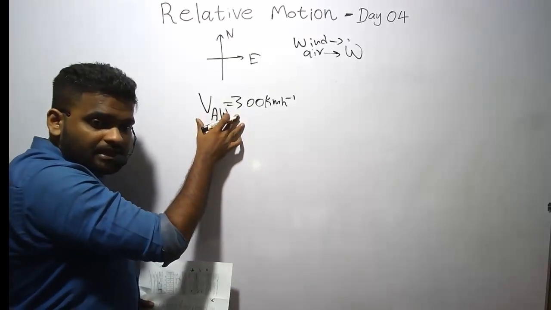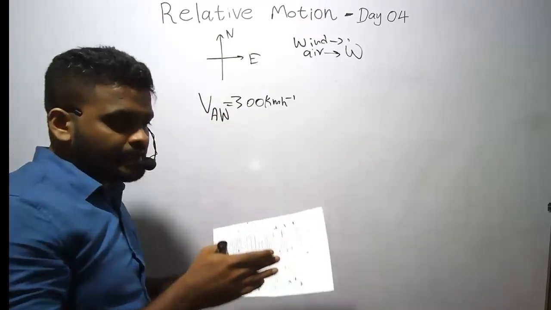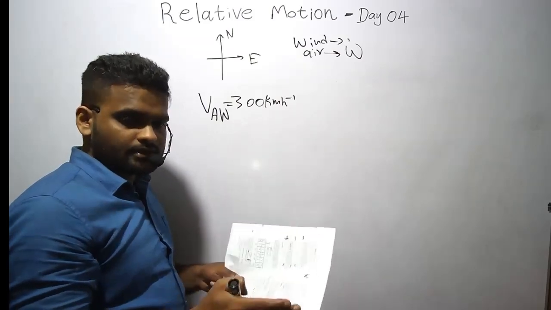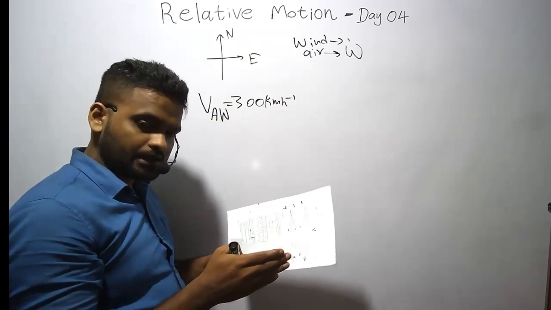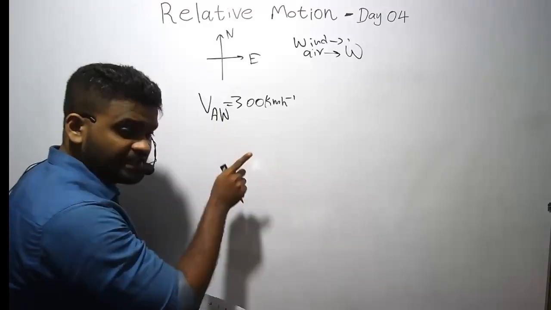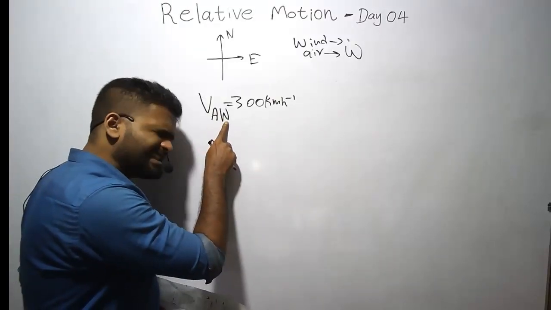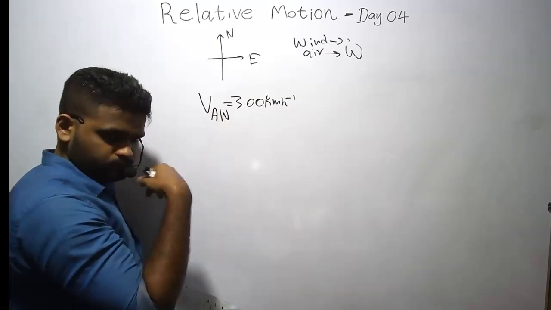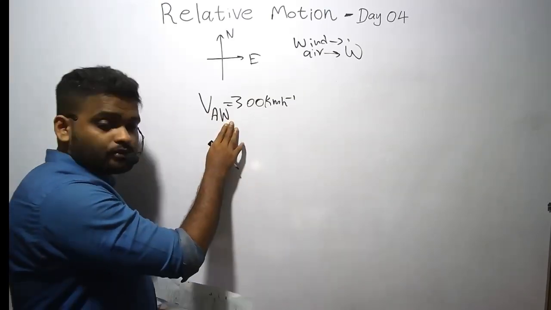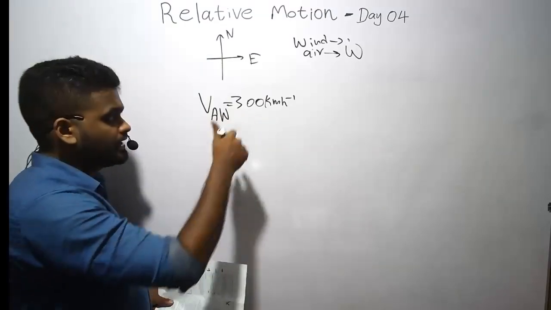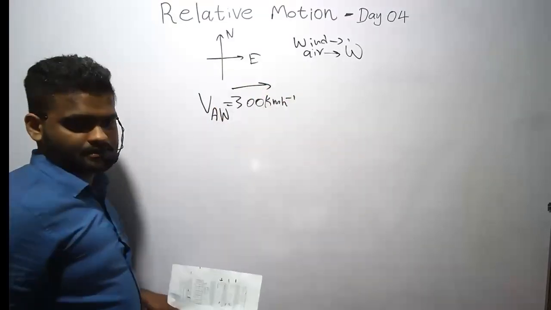In still air means, whenever you say in still water, let's say not air, let's say still water, this has this velocity, meaning it is relative to water. If it is air, it is relative to wind. The velocity of this one is 300 kilometers per hour, and he is moving to east.